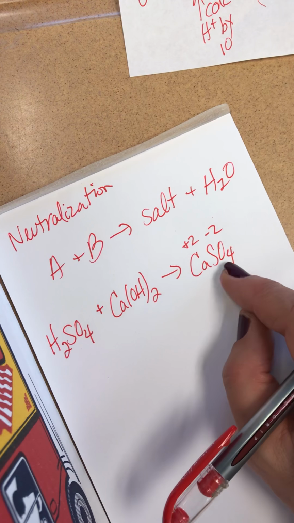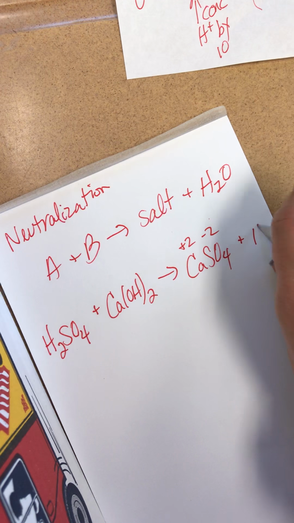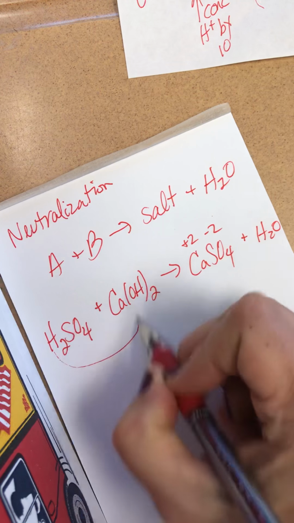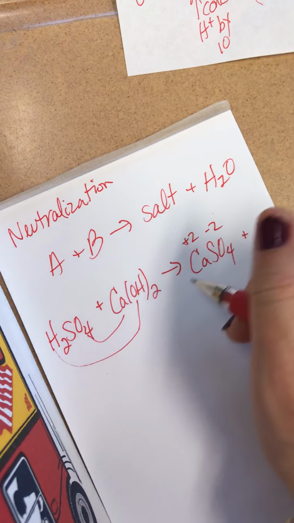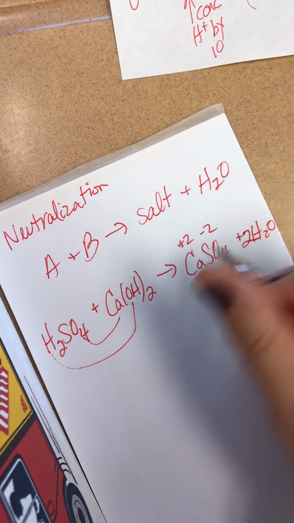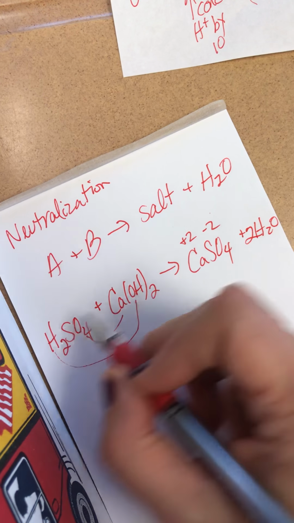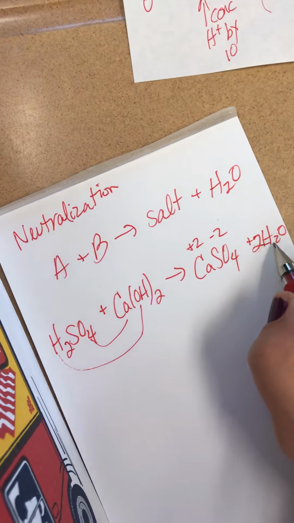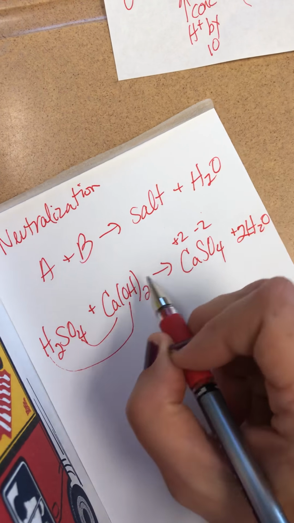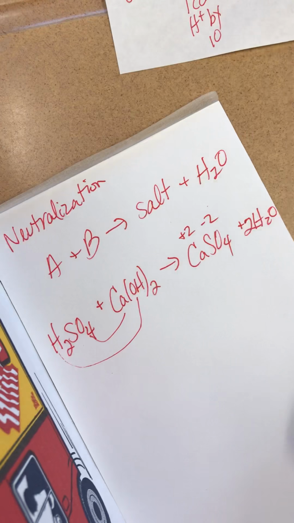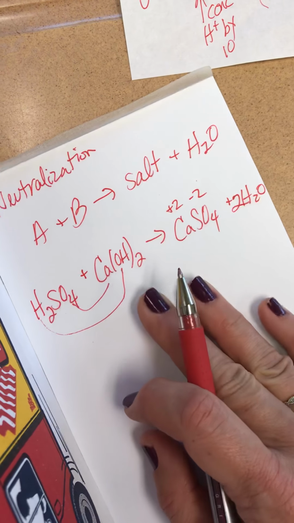So there's our salt, calcium sulfate. And then water would be our other product. The H and the OH would come together. And to balance this out, I would need 2 of these because I have 2 H's here and 2 H's here. So I need 4 H's on this side and 2 O's and 2 O's. So now I am all balanced. This is a neutralization reaction.